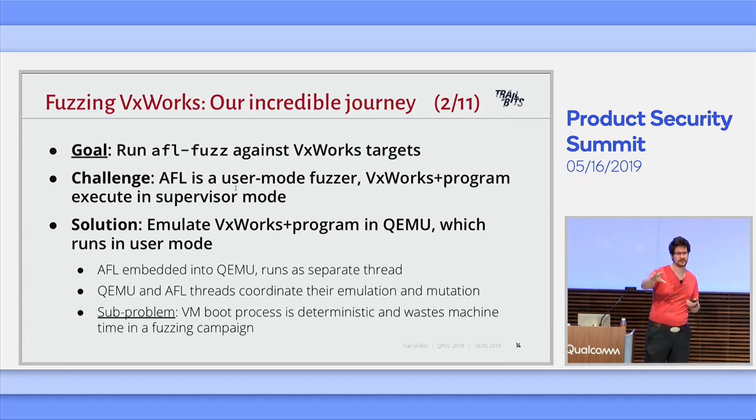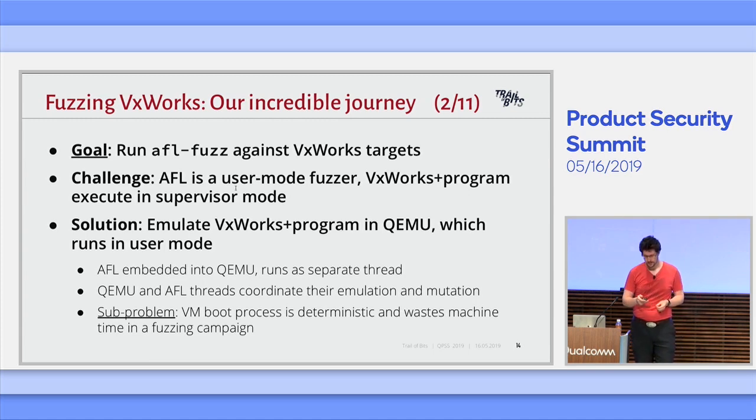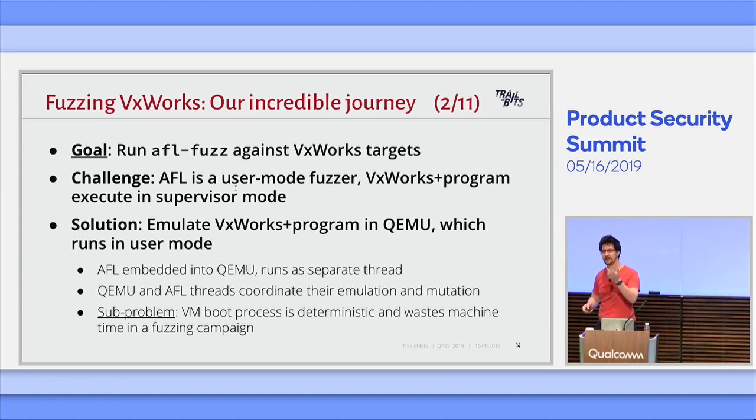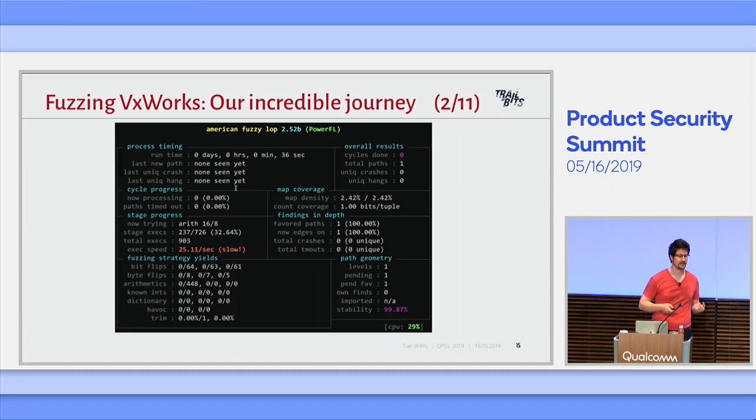So QEMU will start up. Our target is about to run. In theory, it gets to the point where it needs input, swap over to AFL. AFL provides some mutated input, signals back. Execution continues, emulated, and then this loop repeats itself. And part of this process that I just described, the whole emulator booting up, getting up to the point of the first input, involves a lot of redundancy and mostly deterministic execution.